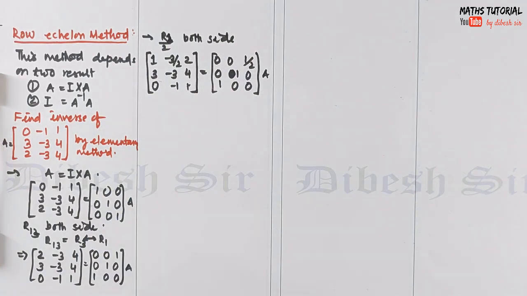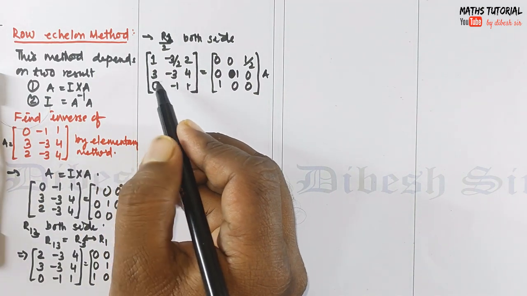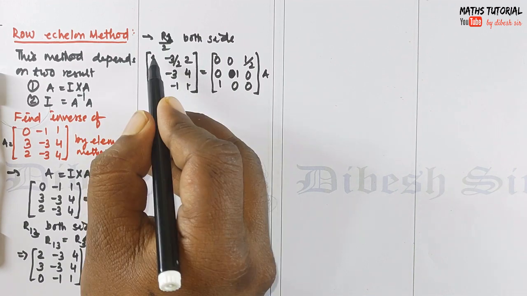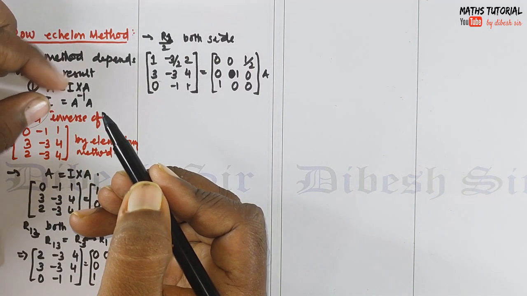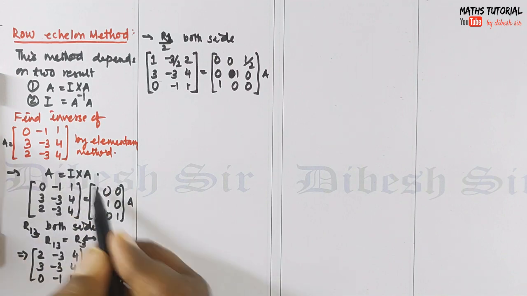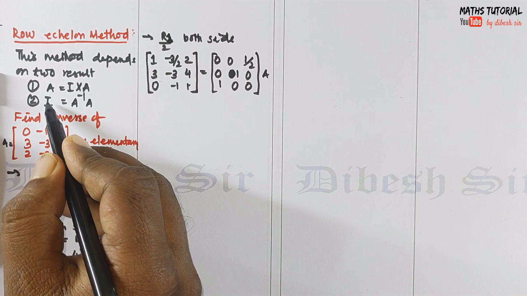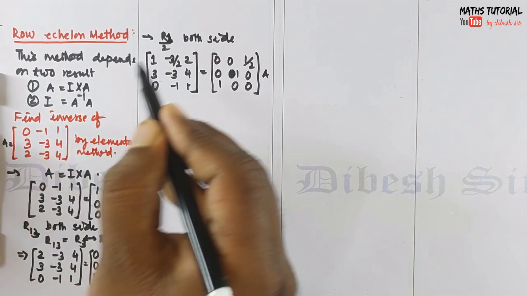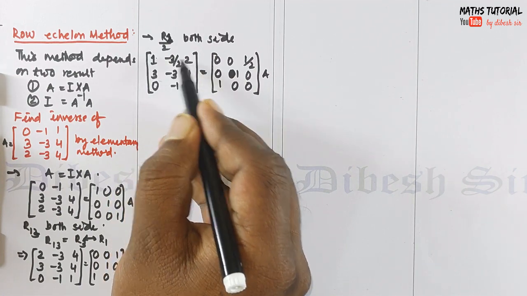Write it carefully. Next, to make this entry 0, you have to make this an identity. I told you that you have to use two concepts. First is A is equal to I cross A. It is used first initially, and finally we have to make this I. A converted to I means 1, 1, 1, and other entries are 0.